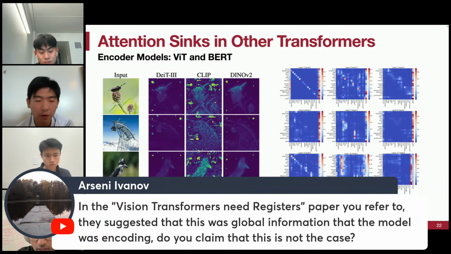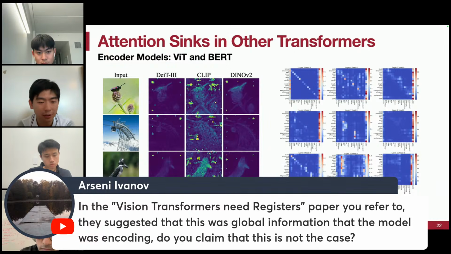Yeah, so there are different interpretations on this. For bidirectional transformers, these tokens can serve as a global register or some intermediate information store to help the model converge. But definitely for GPT models, attention sinks emerge not because of that. In GPT models we find that attention sinks are initial tokens, and initial tokens can only store information about itself.